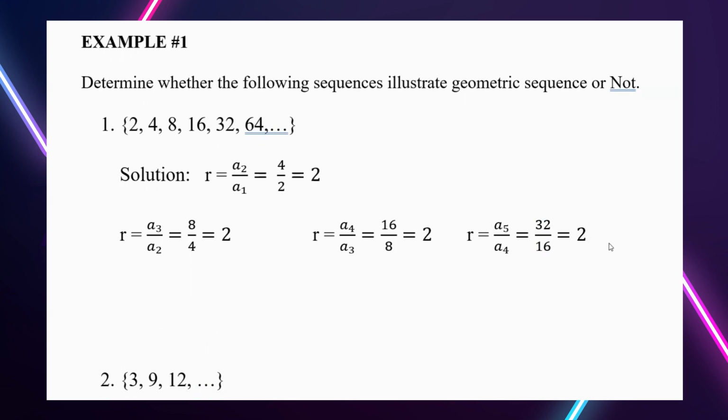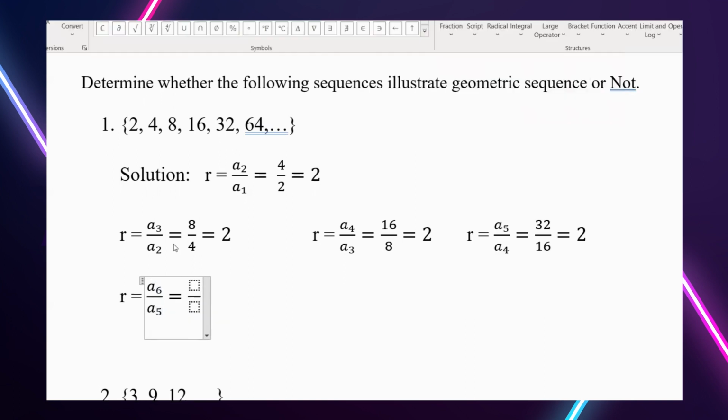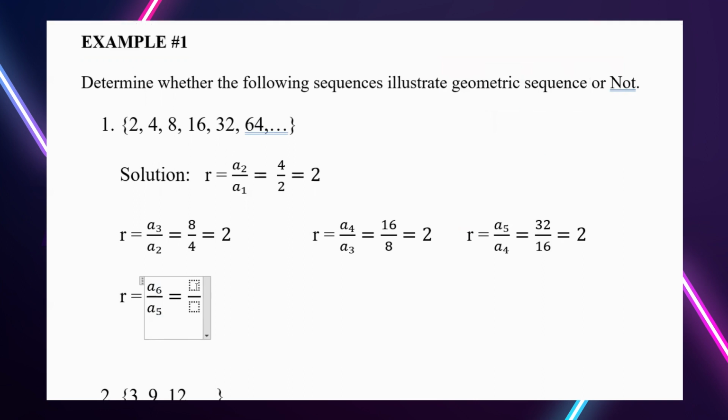And the last, we have a sub 6 divided by its preceding term, which is a sub 5. So the value of a sub 6 is 64, and the value of a sub 5 is 32. 64 divided by 32 is 2.